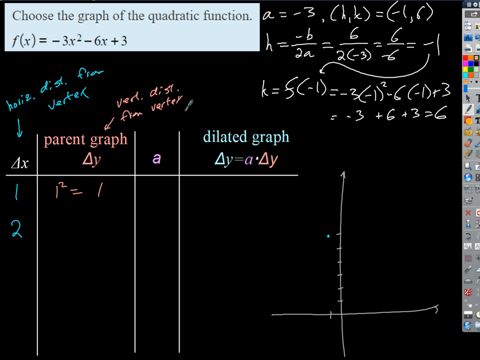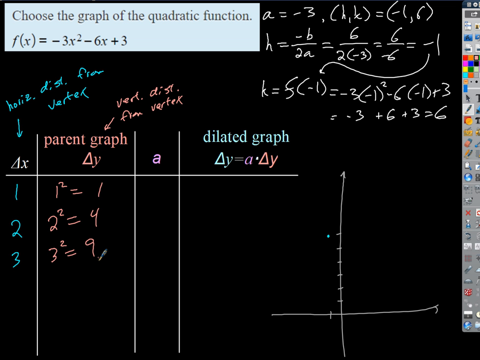Delta just means change in, right? So for a change in x of 1, our change in y was 1. For a change in x of 2, our change in y should be what? 4. We're going to get 2 squared equals 4, right? For 3, what are we going to get? 9. Okay, we got the idea, right?